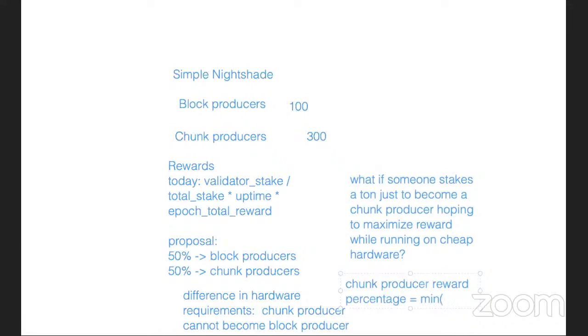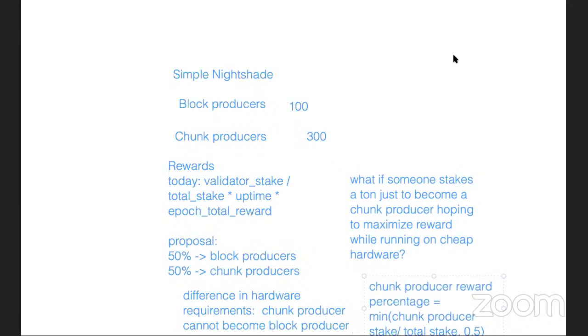Yes, I think that makes sense. If they hit this cap, it incentivizes having more block producers, and we probably want this. And if it's less than 50%, then it's proportional to their stakes, so they can stake either way.